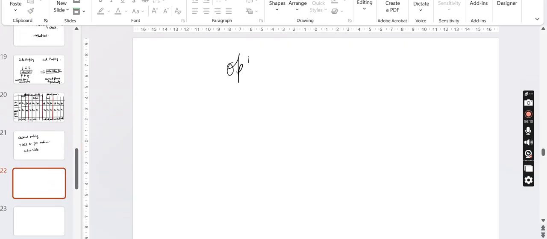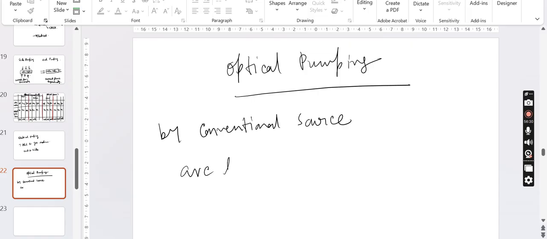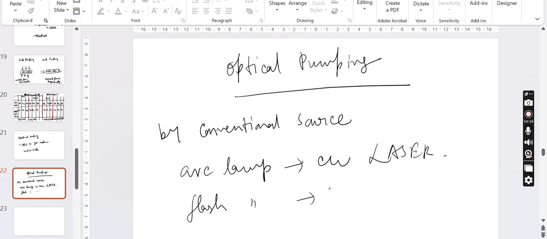So optical pumping by conventional sources. In that case, basically arc lamp is being used for CW lasers and flash lamp is used for pulse laser.